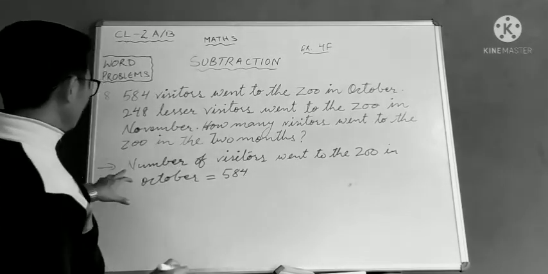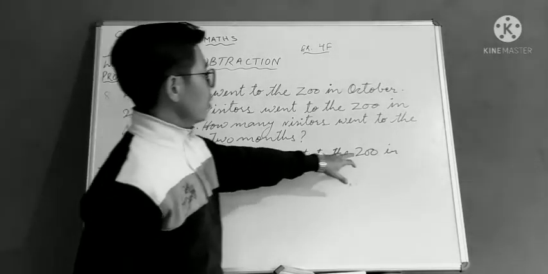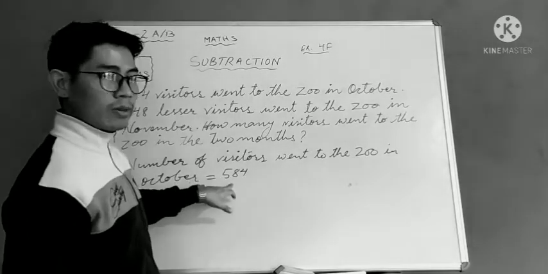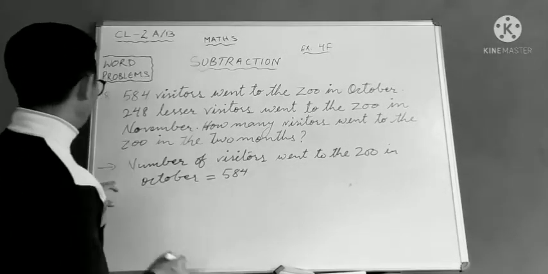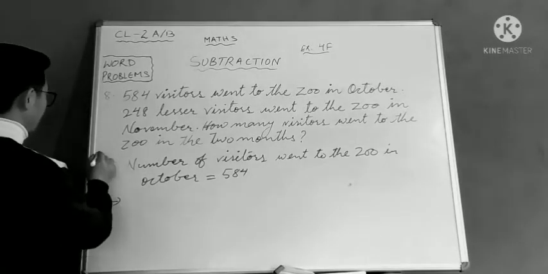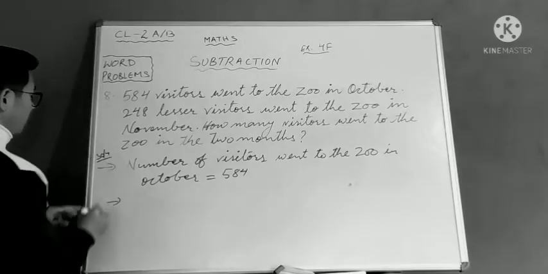So first what you have done? Number of visitors went to the zoo in October, 584. Next, this is the solution, okay?